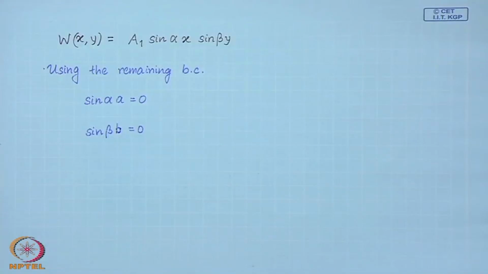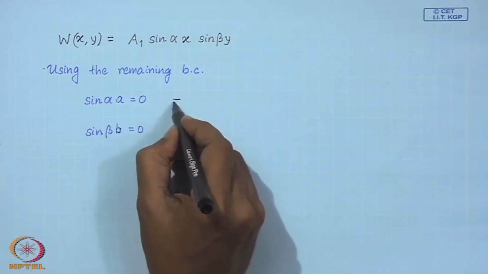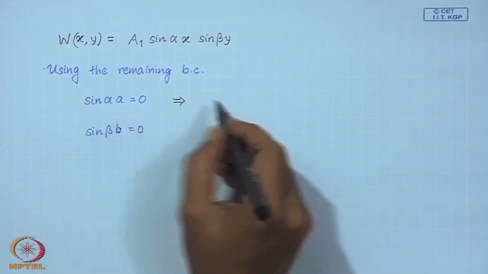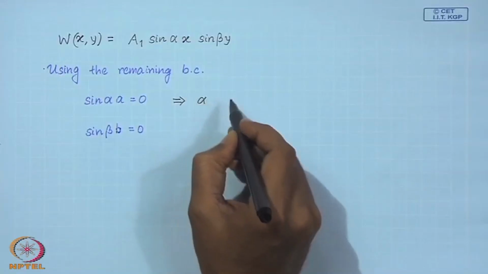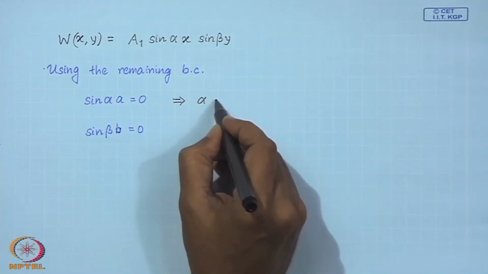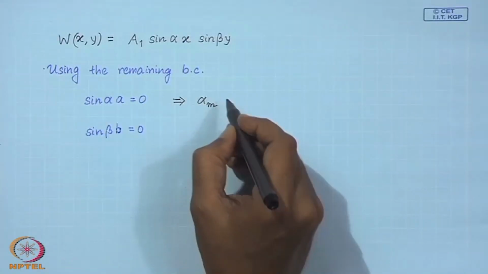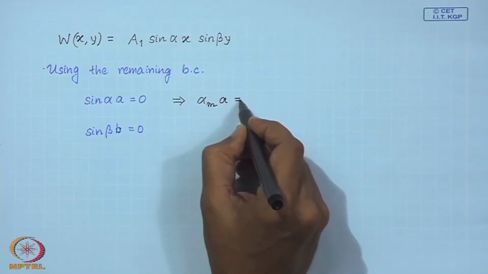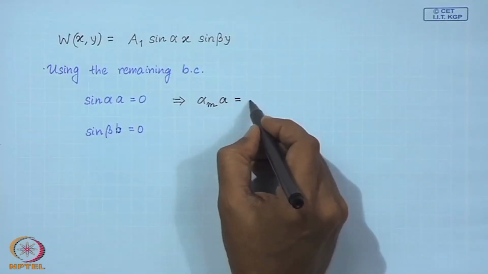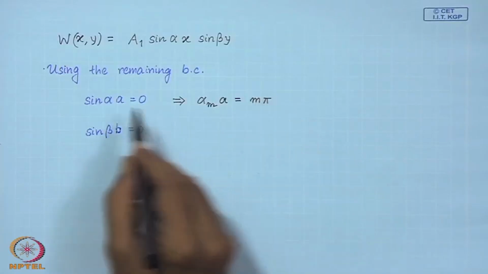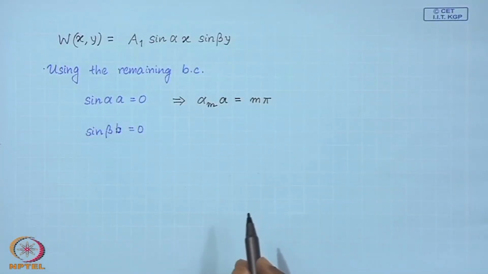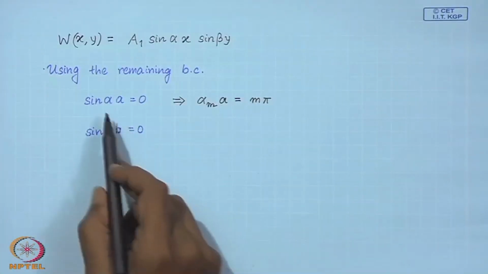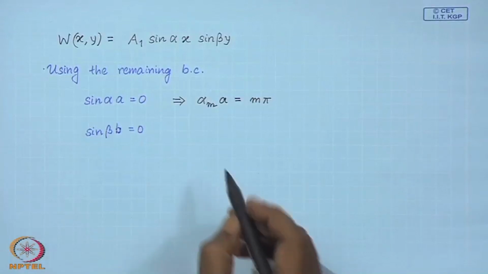So, this implies the first condition implies that alpha, now this gets indexed because there are countably infinitely many solutions of this equation.